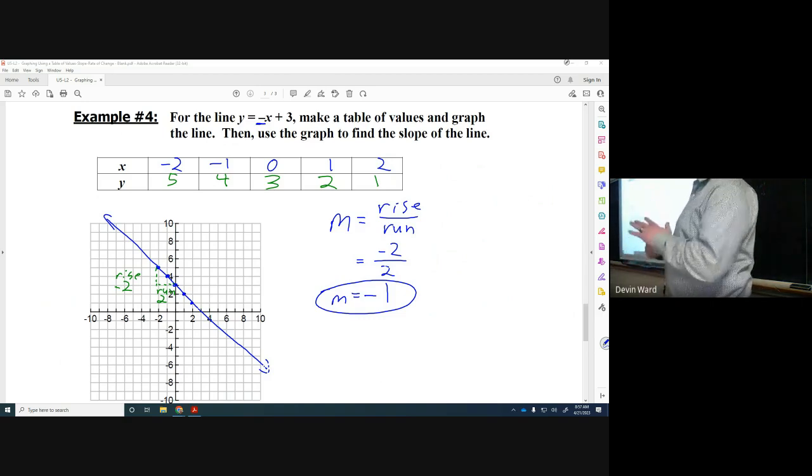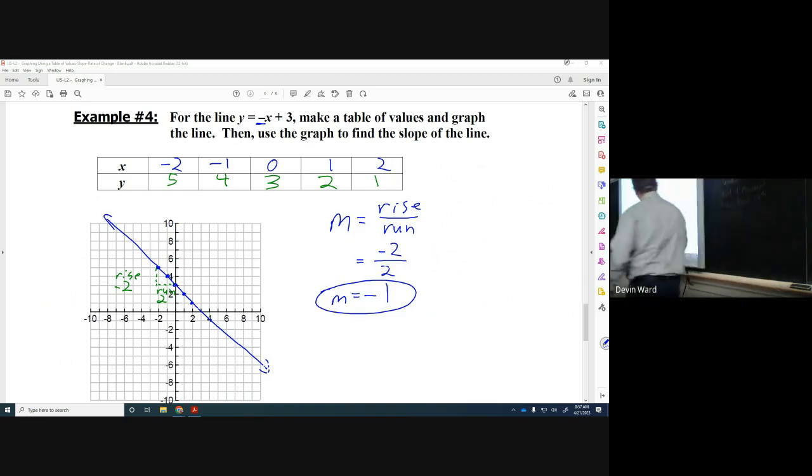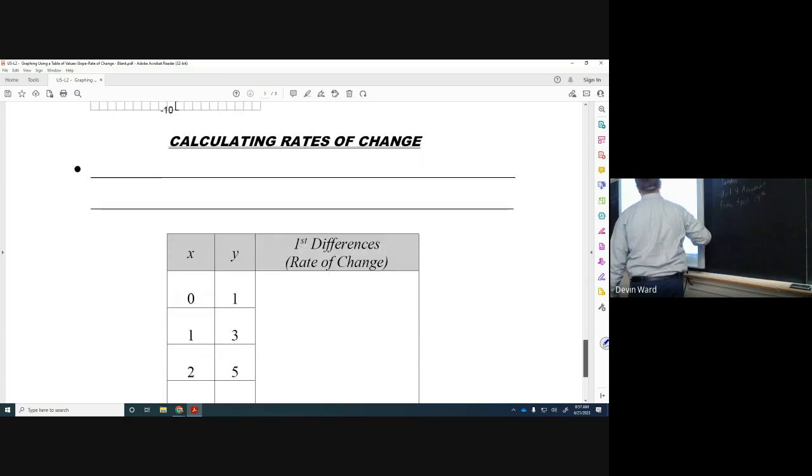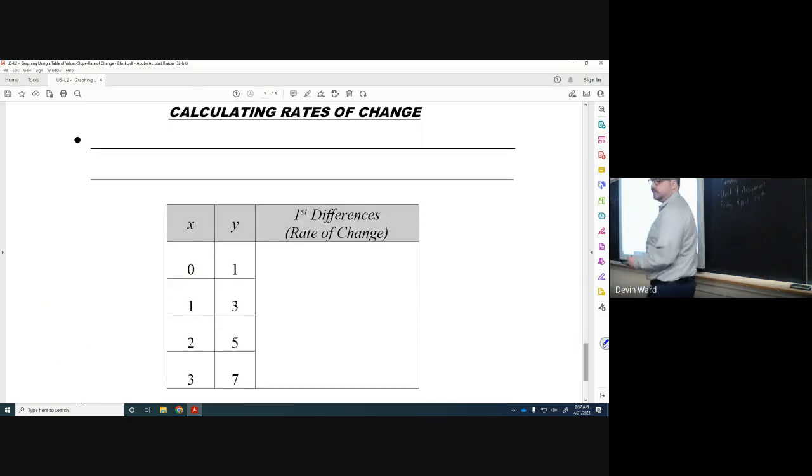Okay. There's just one last thing we have to do for today. Everyone got this down? So we want to calculate rates of change.